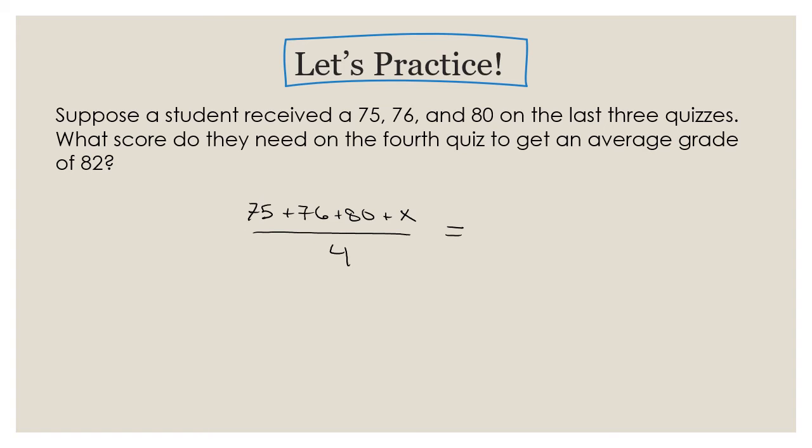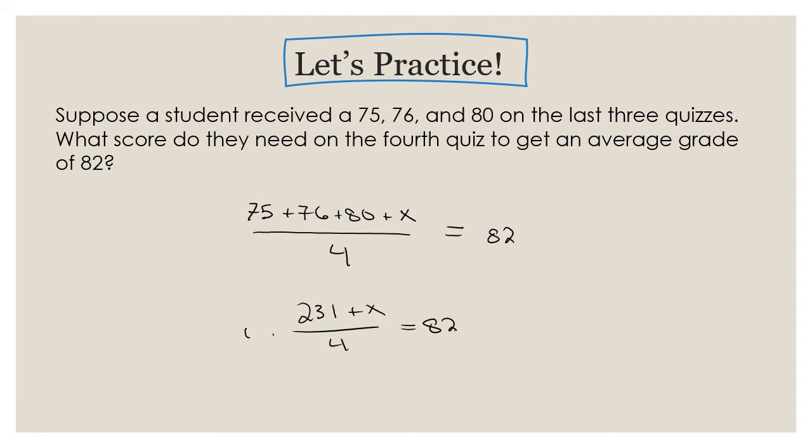Let me write that. So this is a rational function. I've got a fraction with a polynomial on top and bottom, and then it equals 82. I can actually solve this. 75 plus 76 plus 80 is 231. Plus x divided by 4 equals 82.